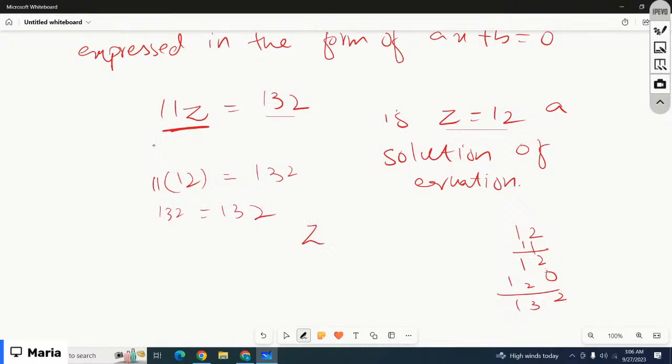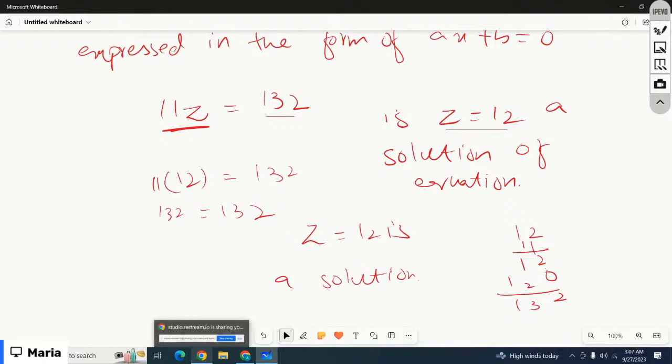That means yes, z equals 12 is a solution of the given equation. When I put z equals 12 in the equation, both sides are exactly equal, which means the solution z equals 12 satisfies the given equation.